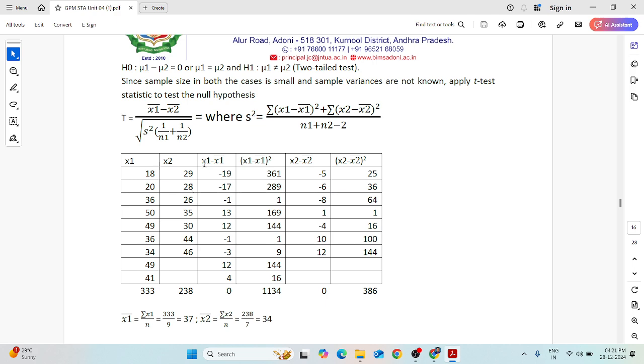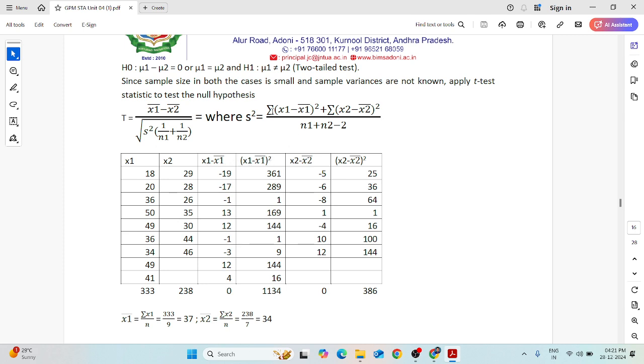So here what I am doing, I am deducting the mean value from x1, that is 18 minus 37 we have minus 19, 20 minus 37 we have minus 17. In the same way 29 minus 34 we have minus 5. After finding x2 minus x2 mean, squaring the values, so x1 minus x1 mean whole square.